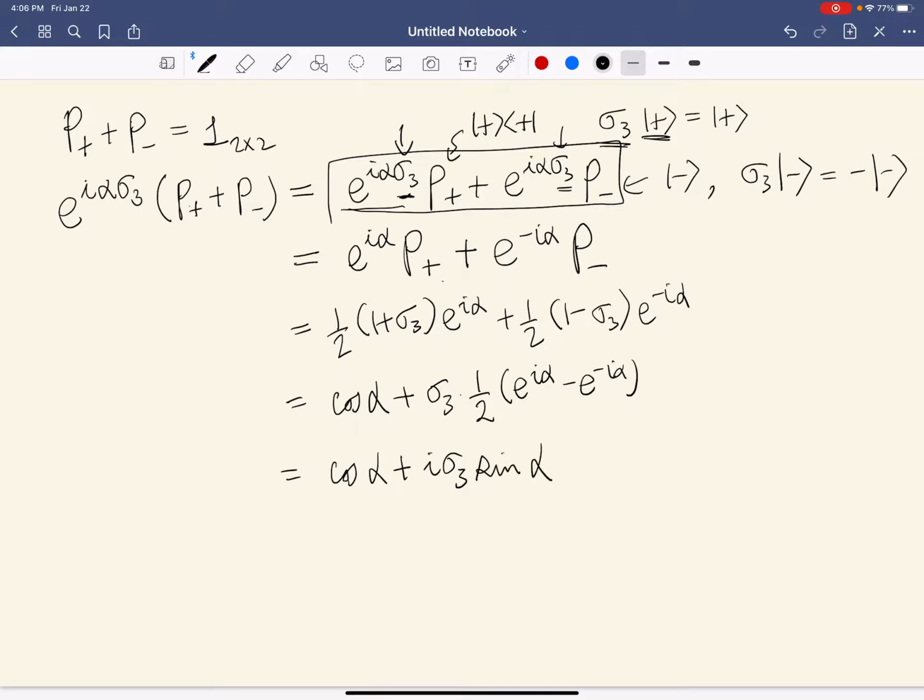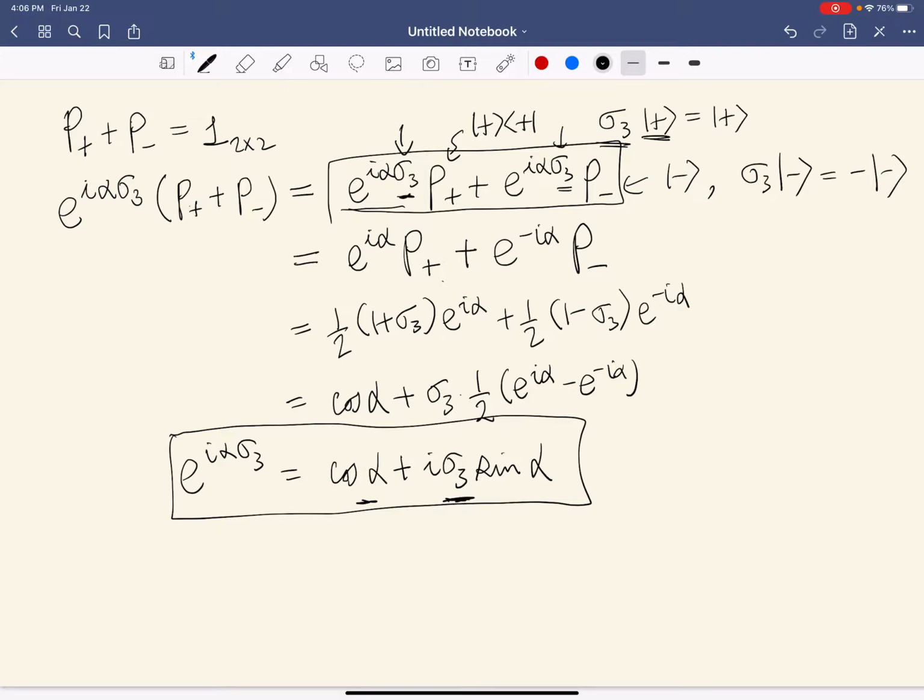So we have this very interesting and simple identity relating the exponential of a Pauli matrix sigma 3 to a form which is nothing but a linear combination of the identity matrix and one of the Pauli matrices.